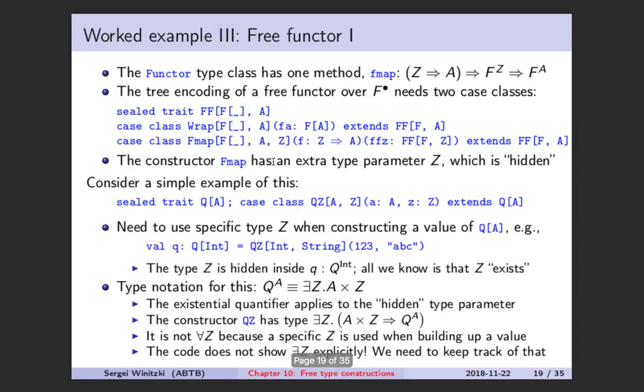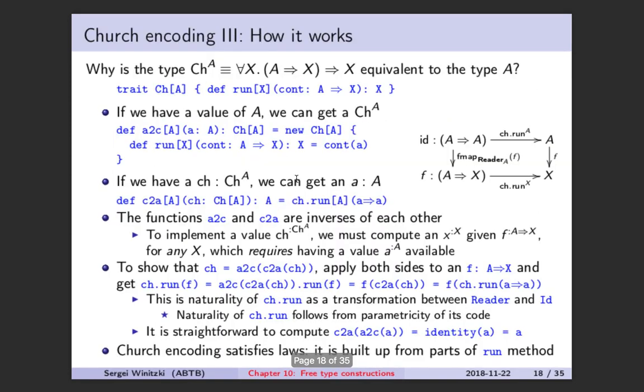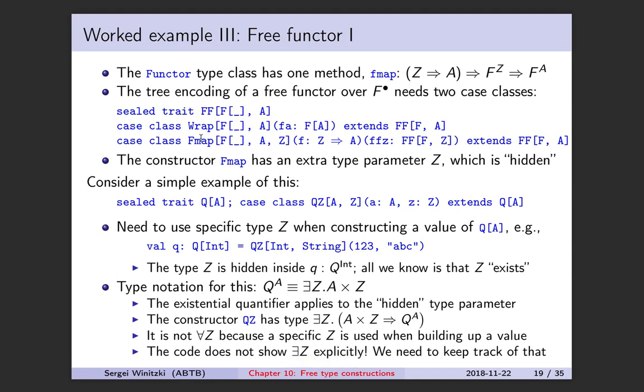The way to have an existential quantifier is to have a case class inside the trait, and the case class is parameterized by this z. The method inside the trait hides the x because the x is not a parameter here. The case class inside the trait hides the z because the z is not the parameter here. So until now it's very similar, but case class is not a method of a trait.